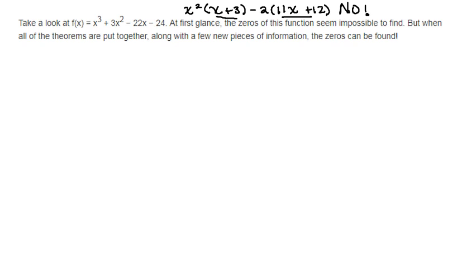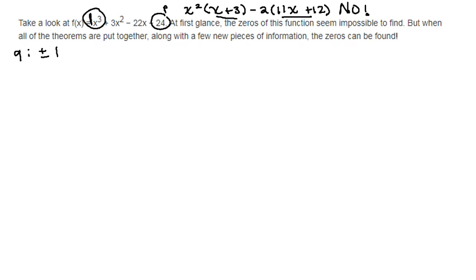Remember with the rational root theorem, we need this number, which is p, and this number, which is q, and so this number right here is the number 1. Then we're going to list out all of the factors of p and all of the factors of q. In this case, q is the number 1, so it only has plus or minus 1 as a factor.